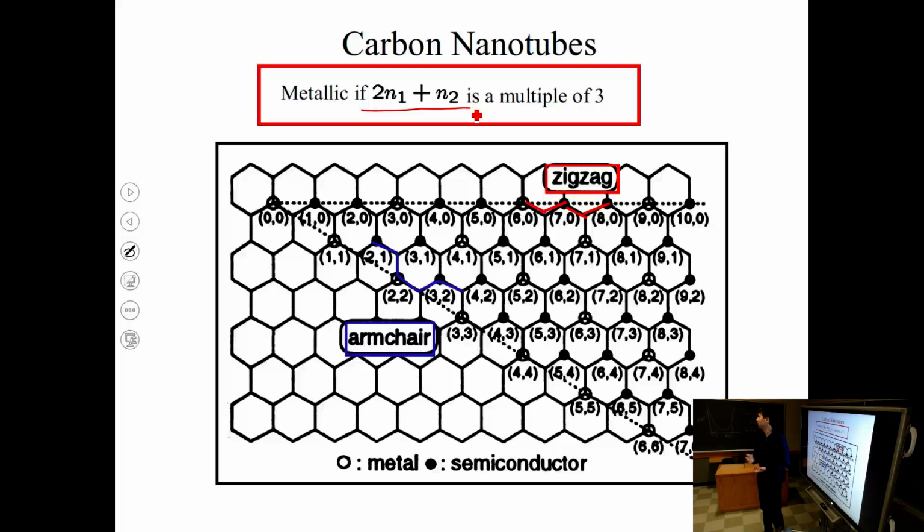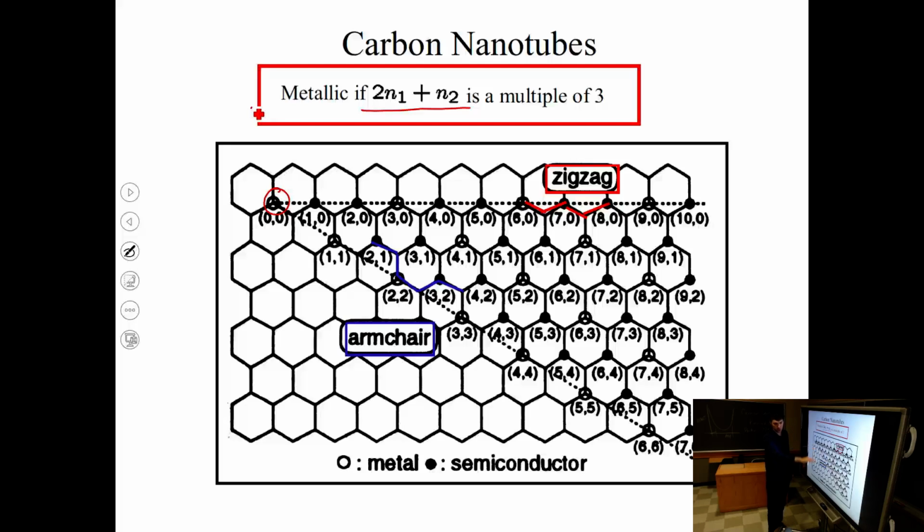This is just, you can work it out from looking at the band structure of graphene. And if you put this equation to a visual representation like this, then if this is a point 0, 0, then these are all possible rolling vectors that you can have. They stop at this line because they will be equivalent.